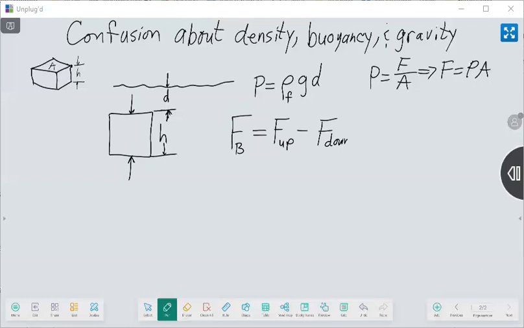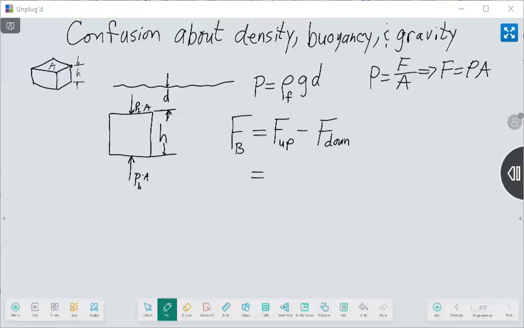What is the force in the up direction? It is the pressure at the bottom surface times that area. And the force down is the pressure at the top times the area.